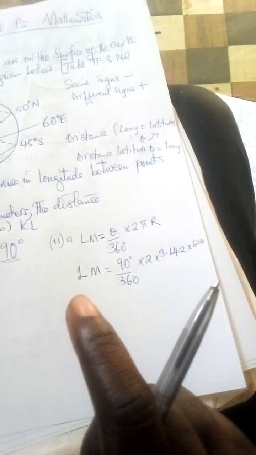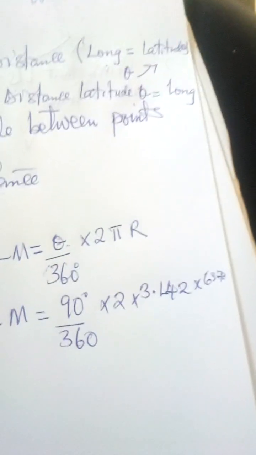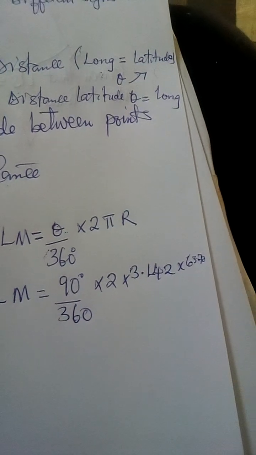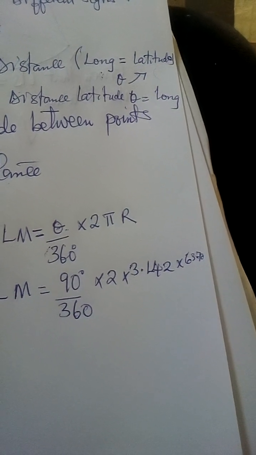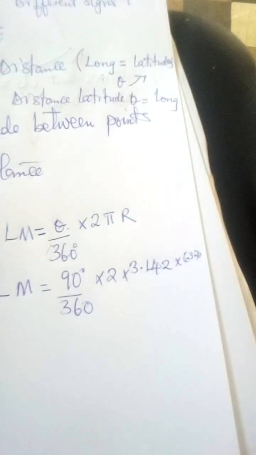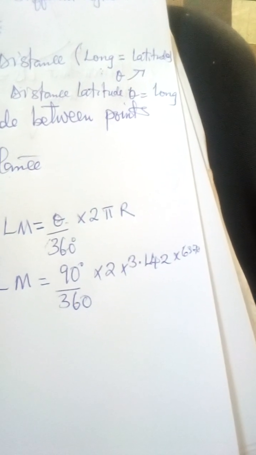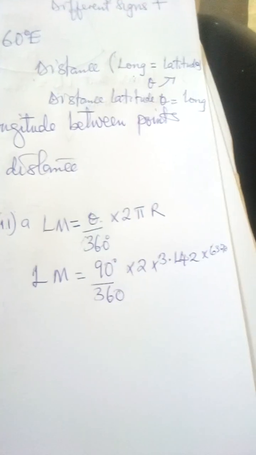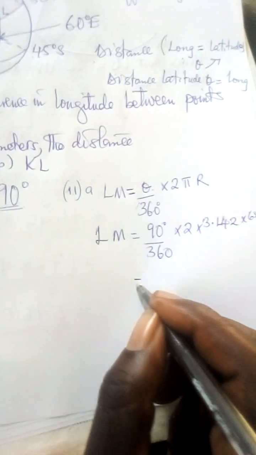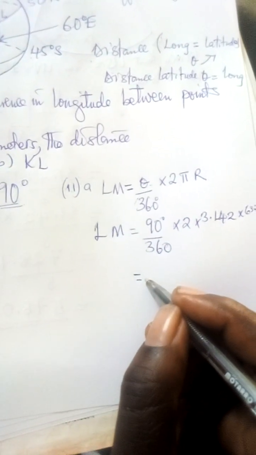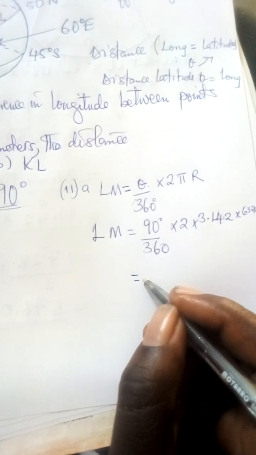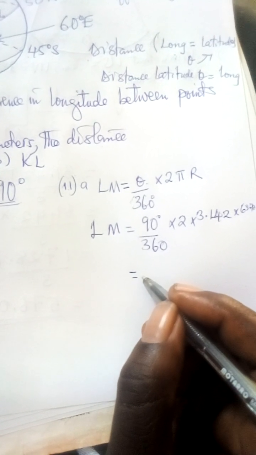So you need to punch this directly on a calculator: 90 times 2 times 3.142 times 6370.